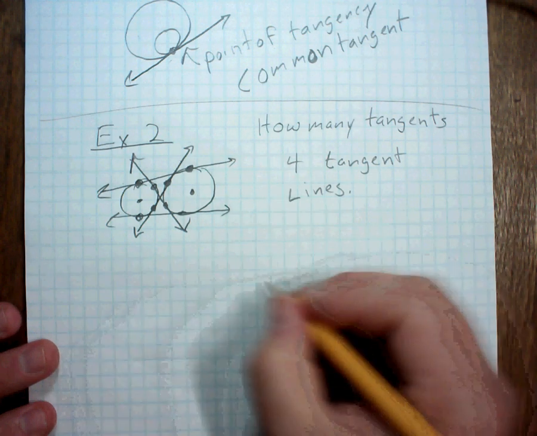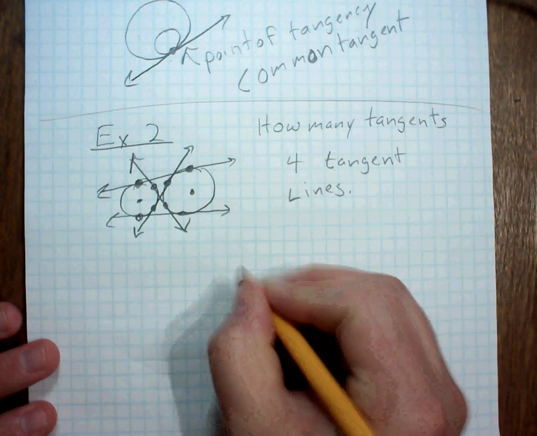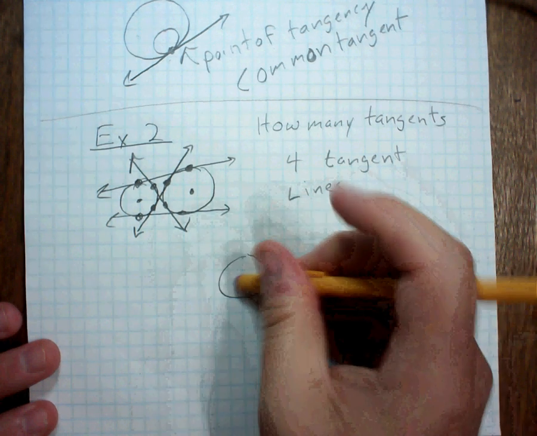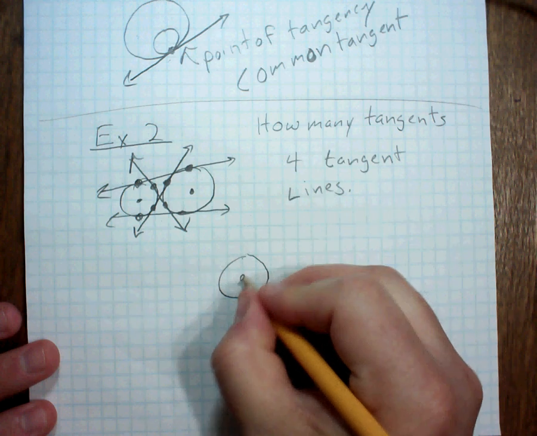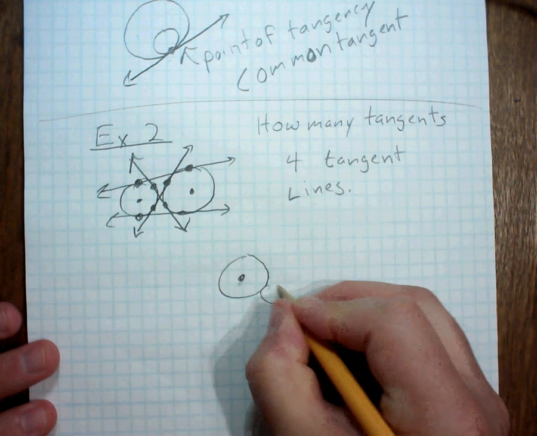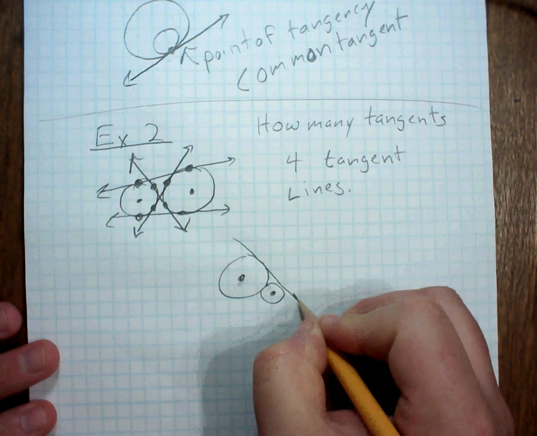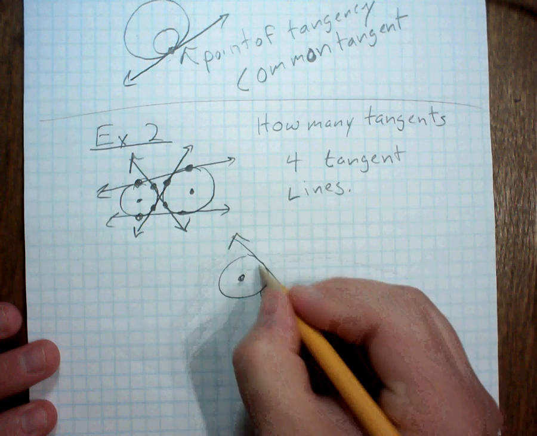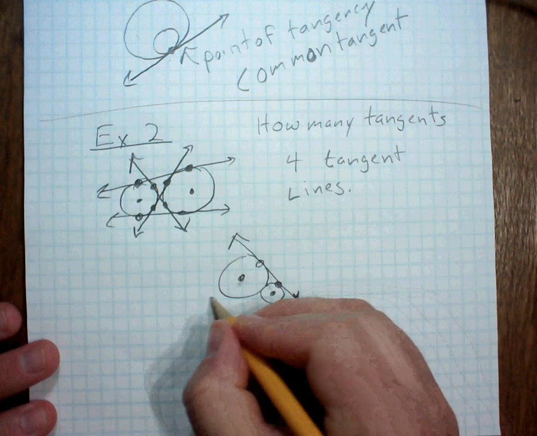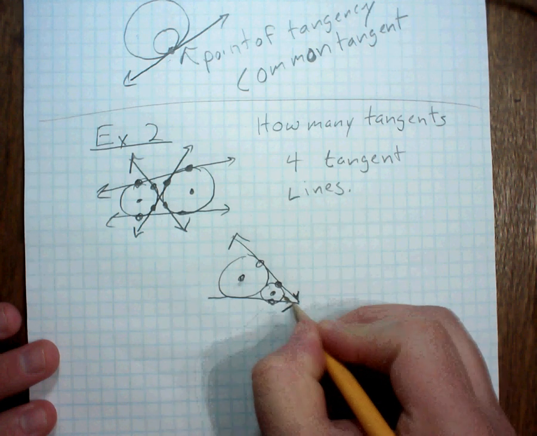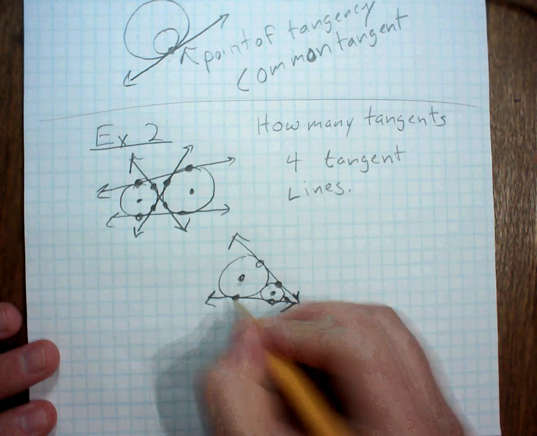Now you might have a scenario like this. That's not necessarily the center of the circle. And then another small circle like this. Now you would do the same thing here. You'd have a tangent right here and a tangent right here. You'd draw a line like this and you'd have a tangent here and a tangent here.